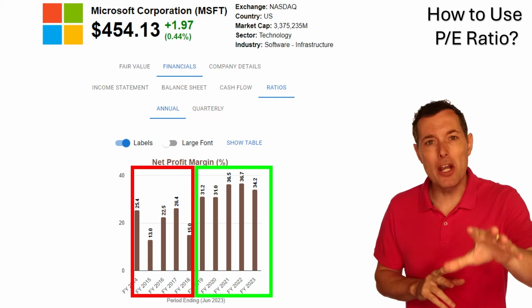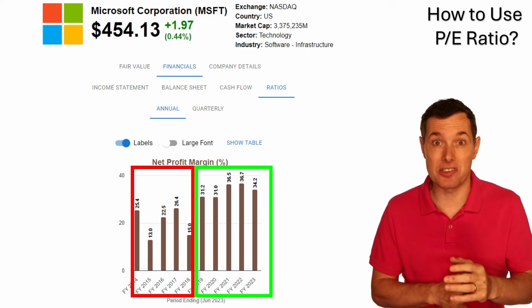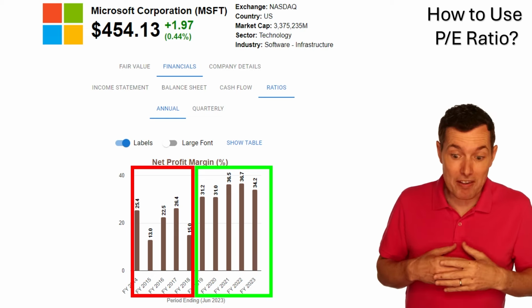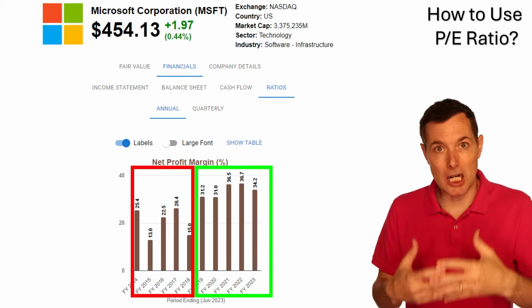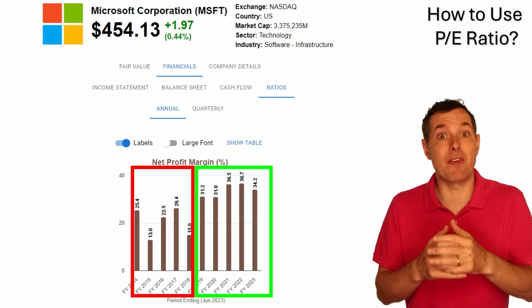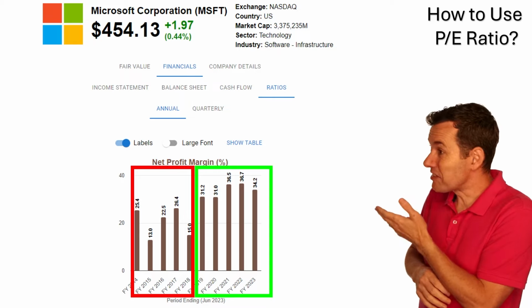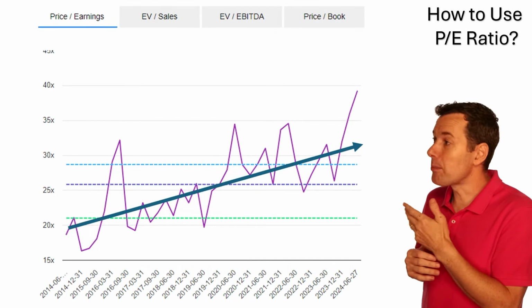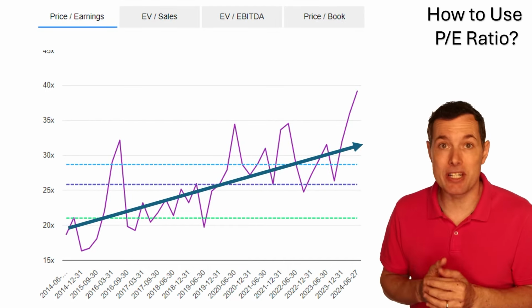A lot of times you can see that in their profit margins. It is difficult to get profit margins this high unless you have a fairly loyal customer base and a product that is fairly sticky. Because the numbers have trended up, that kind of explains why the PE ratio has trended higher.